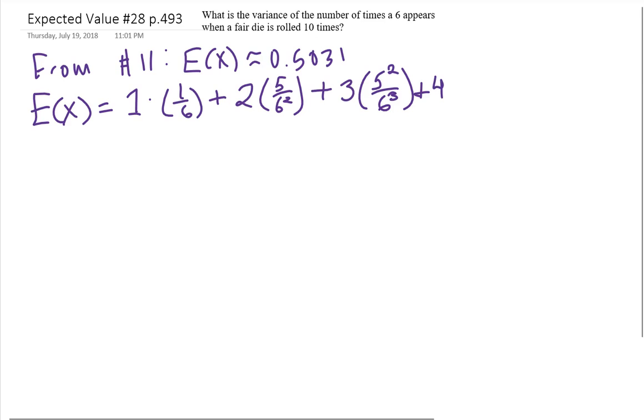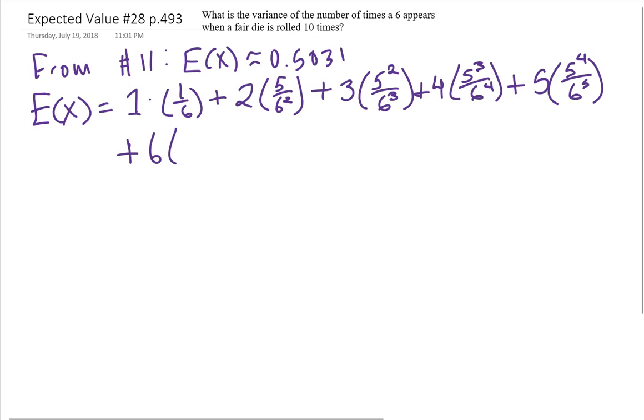the 4, the 5, so for simplicity's sake I'm trying to simplify this using exponents.